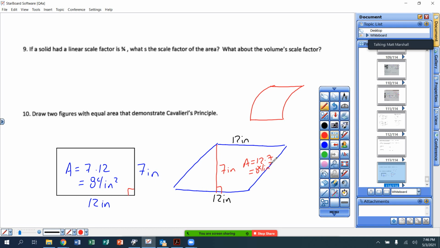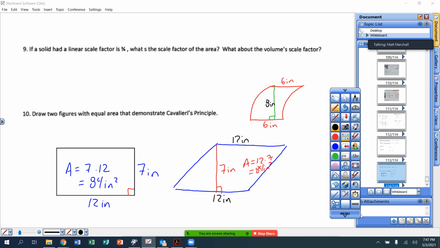Yeah. Even something curved, the rule is as long as the two base lengths are the same, and as long as from one of those bases you have a straight up and down 90-degree angle height like that, it doesn't matter what the shape is, the area is always base times height, just like a regular rectangle.